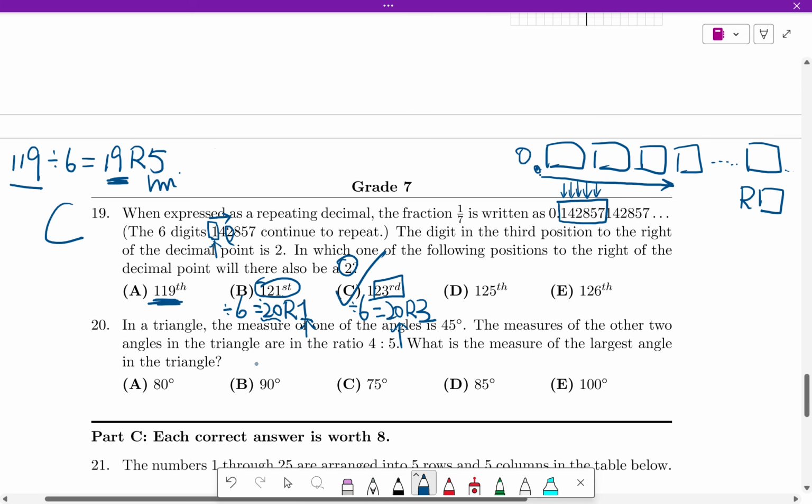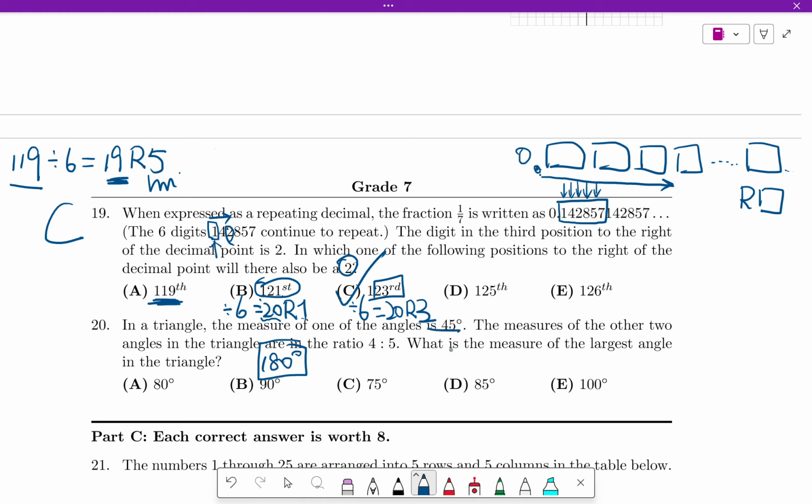Question 20. In a triangle, if the measure of one of the angles is 45 degrees, the measures of the other 2 angles in the triangle are in the ratio 4 to 5. What is the measure of the largest angle in the triangle? We know that all the angles in a triangle sum up to 180 degrees.